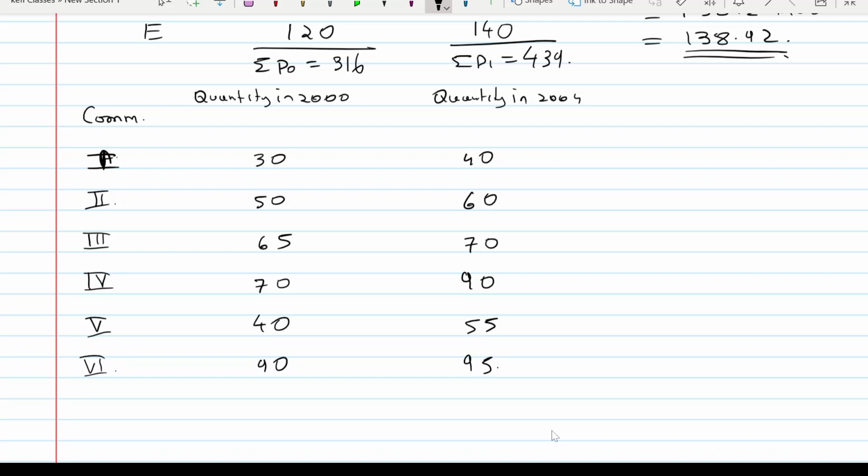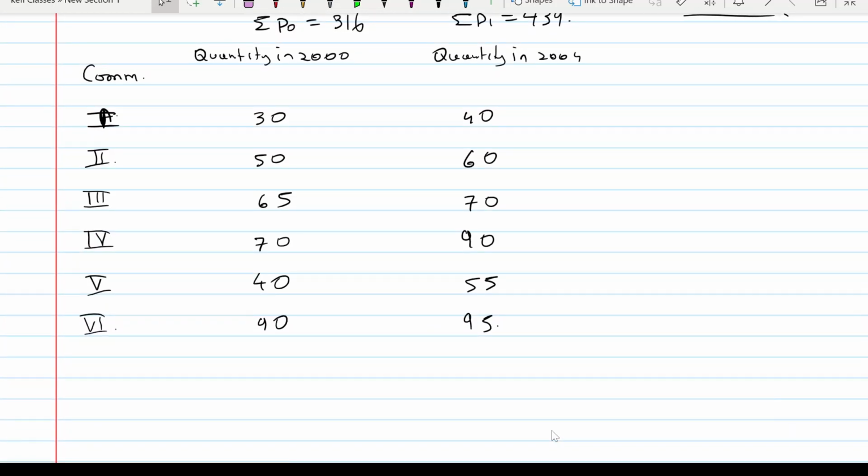Find quantity index number. Solve this problem first.